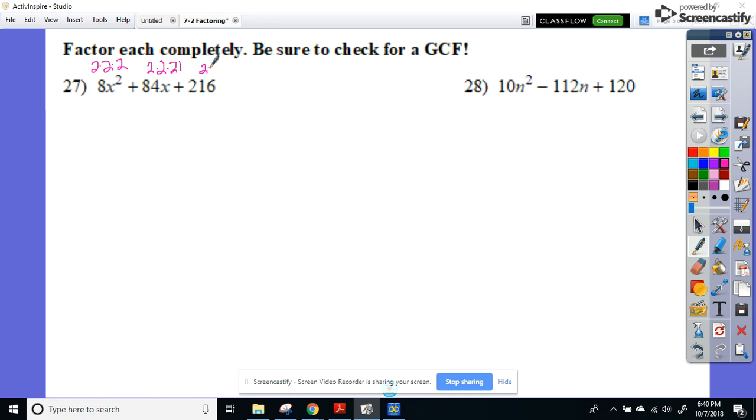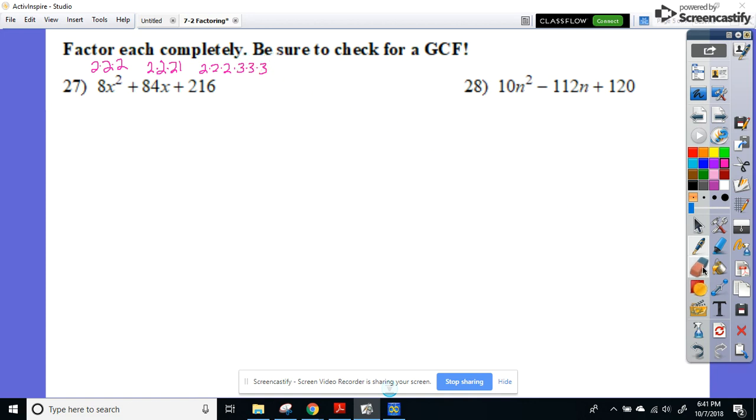216, oh my goodness, that's going to be a bunch of 2's. 216 divided by 2, divided by 2, divided by 2. So that's going to be 2 times 2 times 2 times, oh, I forgot to stop factoring that.